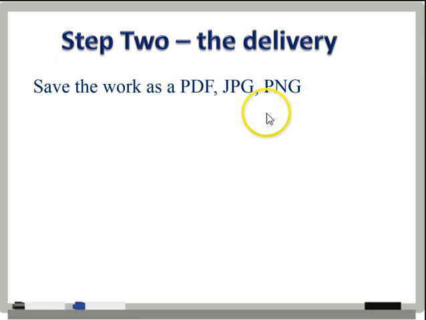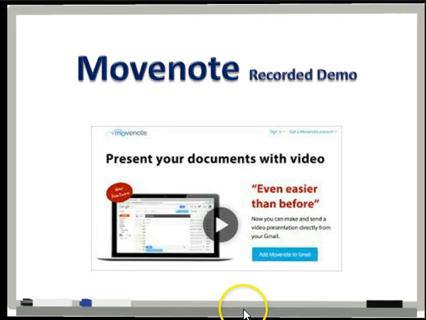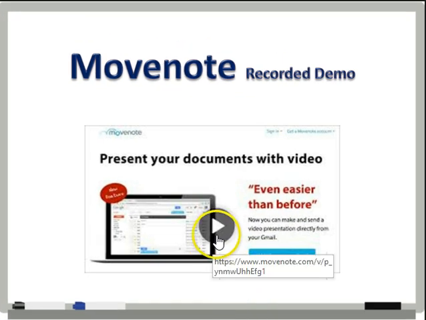Other than that, many of the other tools would be pretty much the same. So let me share with you a part of a recorded demo for MoveNote. This is a demonstration that I put into place.